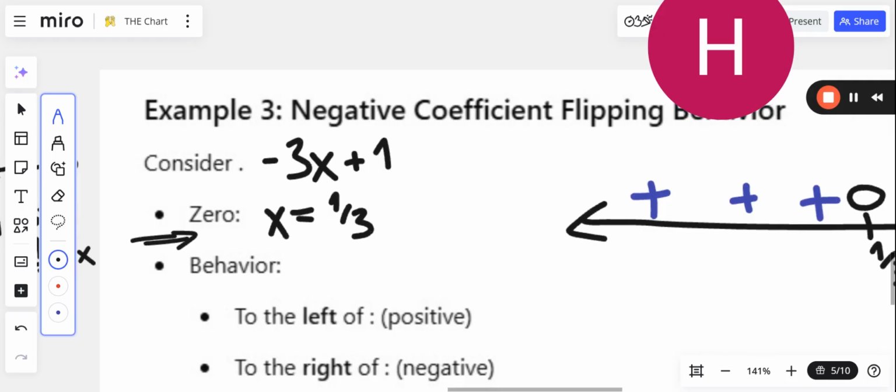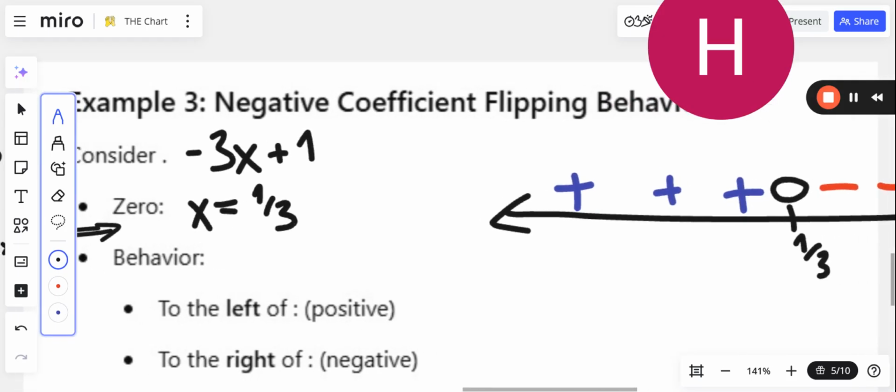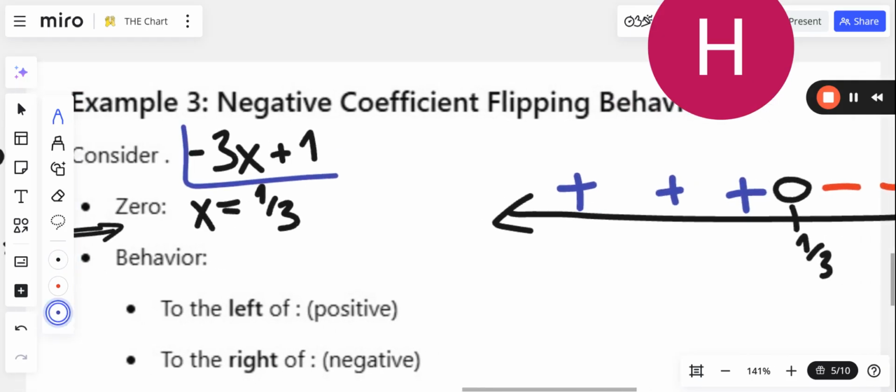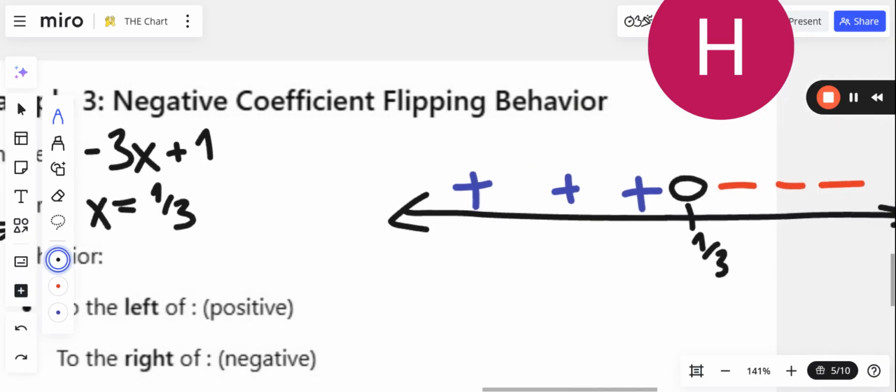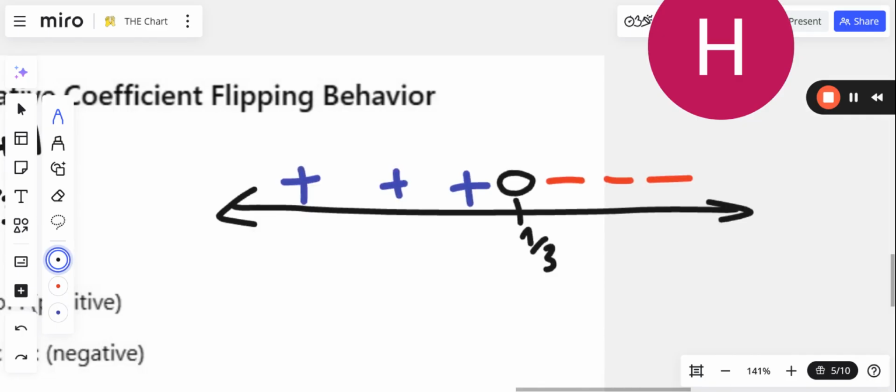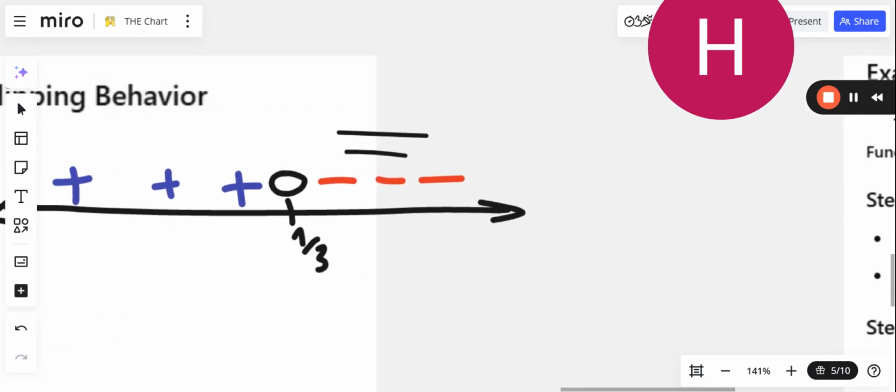But then you have to ask yourself, what happens if x gets bigger? Look at the original equation. If x gets bigger, then we're multiplying it by a negative, which means it's going to get smaller, like more negative. So if I plug in an x that's bigger on the right side, I actually get a negative.